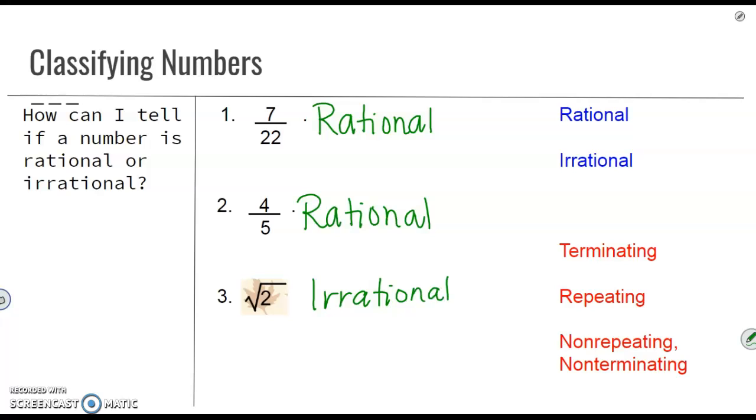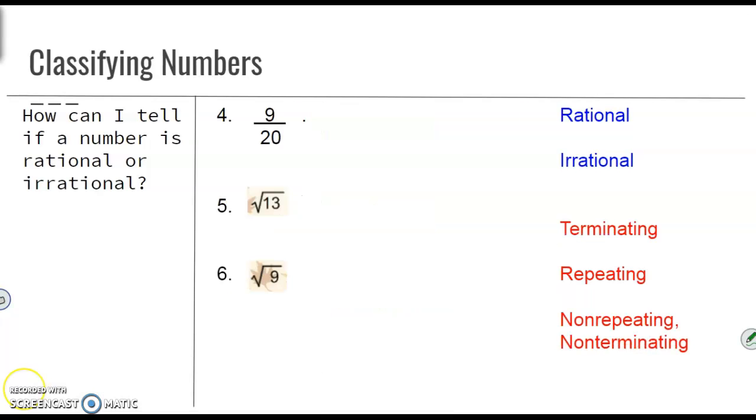Remember, terminating and repeating decimals are rational, non-repeating, non-terminating decimals are irrational. So if we look at 9/20, that is a fraction, so we know that it is a rational number. The square root of 13 is an imperfect square.